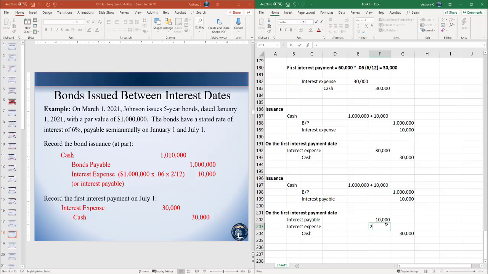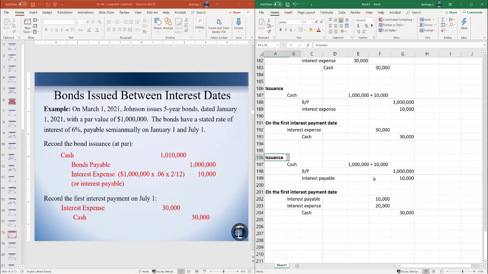So we would make a debit here for $20,000, and you'll notice between these two methods, you end up with the exact same account balances under interest expense, interest payable, and cash. So you end up with the same endpoint. You've just made different journal entries to reflect that over the period.